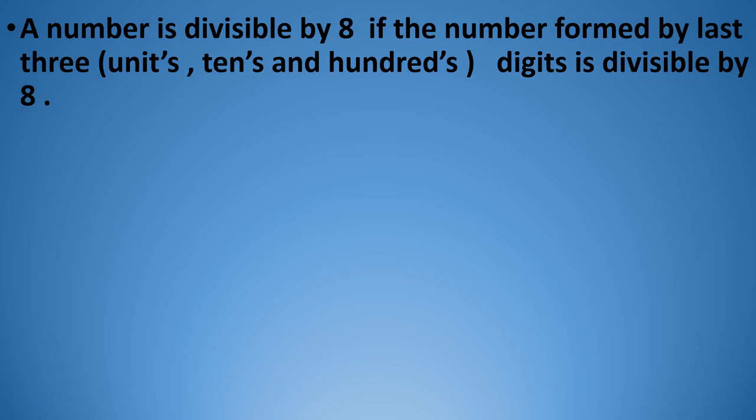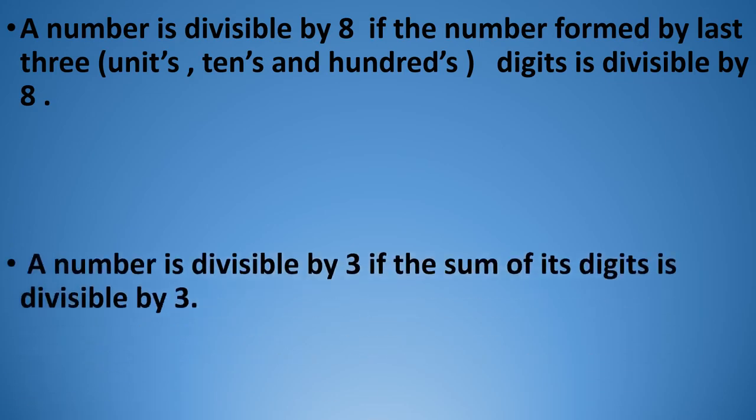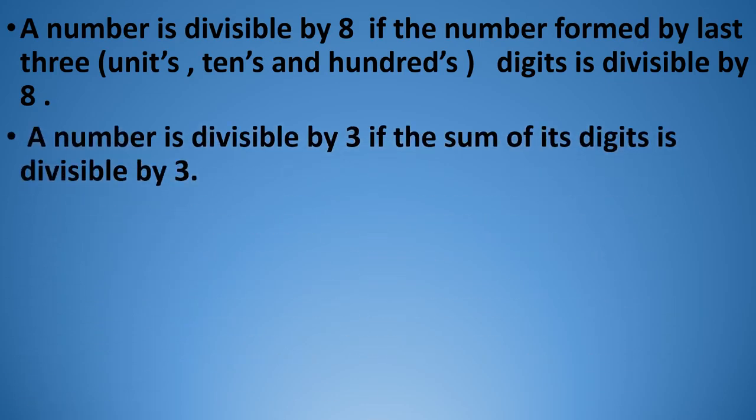In the divisibility of 4, we have to check the last two digits, but in the divisibility of 8, we have to check the last three digits: ones, tens and hundreds place digit. If the number formed by these three places is divisible by 8, then the number is also divisible by 8.